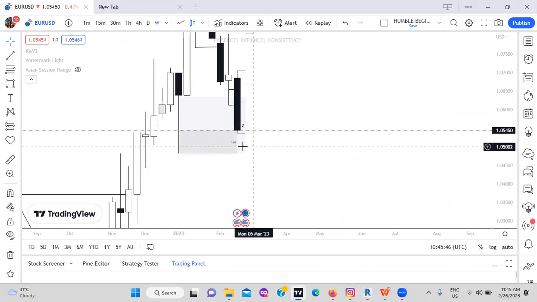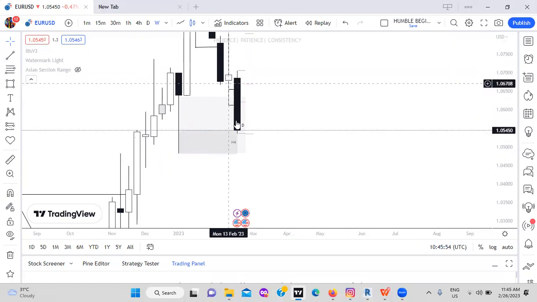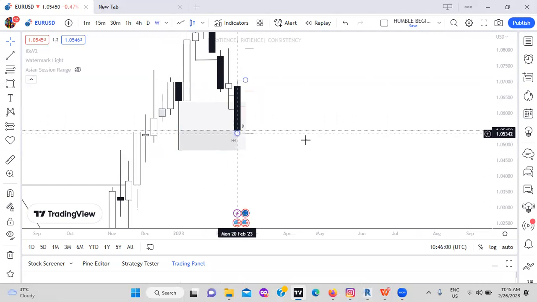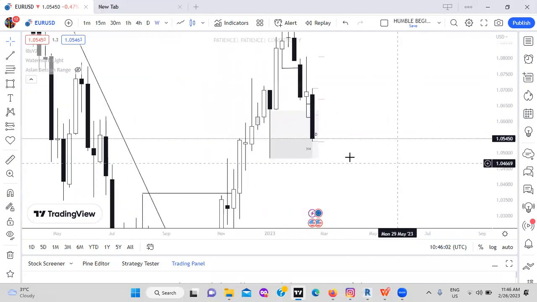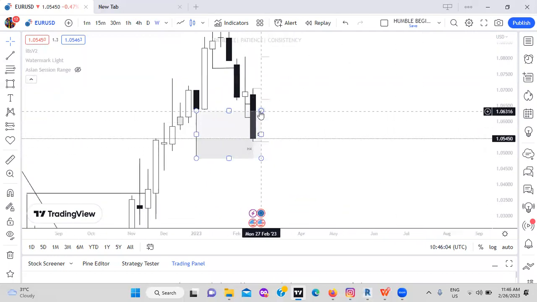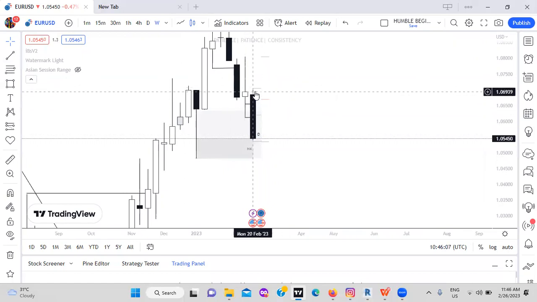Now, this is where you can get a little bit cheeky, a little smart about it. If you look at this weekly candle, you can see that it's obviously an institutional candle. It's a very huge candle, right? Not a lot of gap from its lowest point and its closing point. So we could potentially see a retest within the range of this candle, which in a way aligns with the 4 hour range.